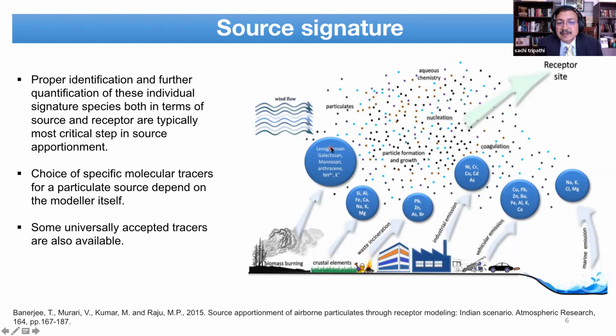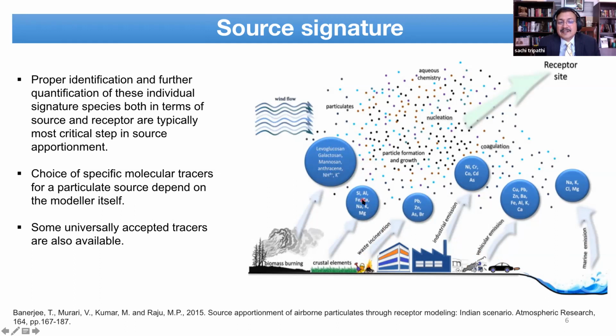You see, each of them has a very different chemical signature. Biomass burning would have levoglucosan, which is a kind of polyaromatic hydrocarbon. Then it can have mannosan, anthracene, and some ammonia and potassium.